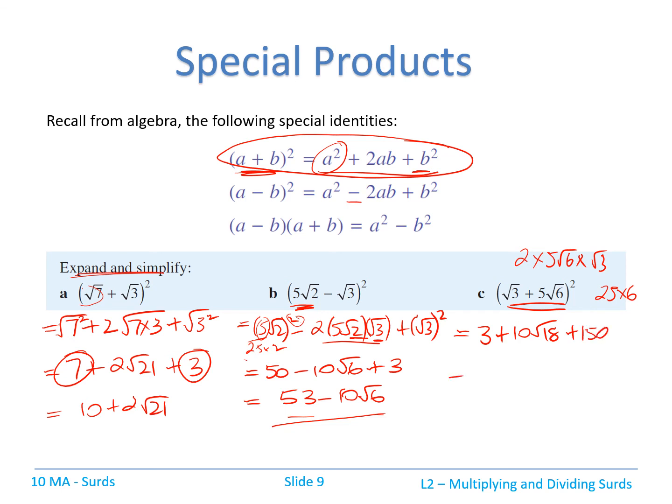Now from here, I get 150 plus 3, which is 153. 10 root 18, I know that 10 is a whole number, we leave that. But underneath, I've got 9 times 2. So I get 153 plus, the square root of 9 is 3, so I get 30 root 2. And that's it in its simplest form, because we can't do anything with that root 2.